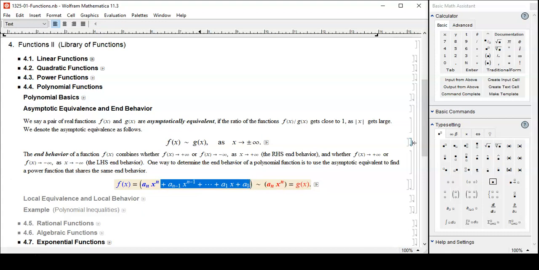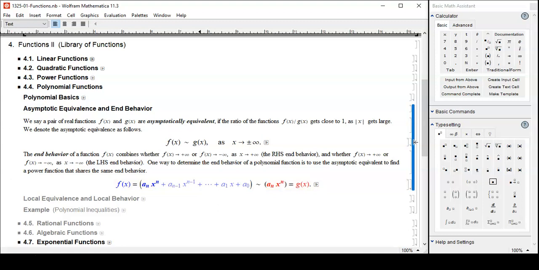And a good way to represent the same idea is to define a new function given only by the leading term, call it g, and these two functions, f and g, are asymptotically equivalent as x gets really positive or really negative.